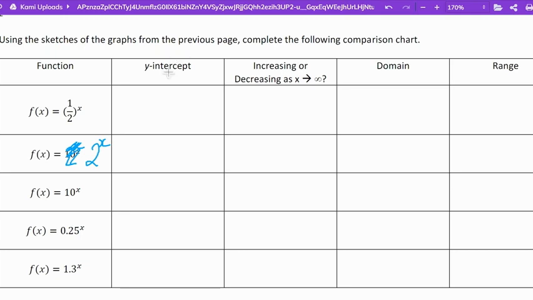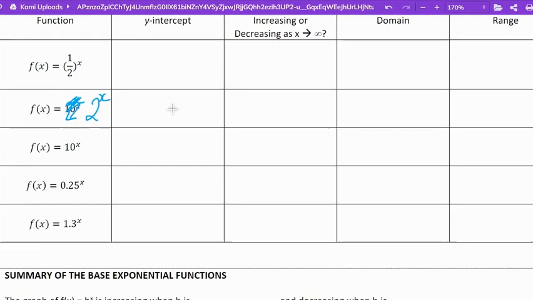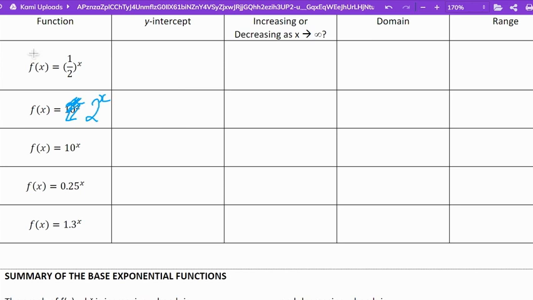So first of all, I want to show you another way of writing this first function of 1/2 to the power of x. What if I wrote it as 2 to the power of something? Anyone know how I could write it? Close, but no. Negative x, right? The negative implies reciprocal.